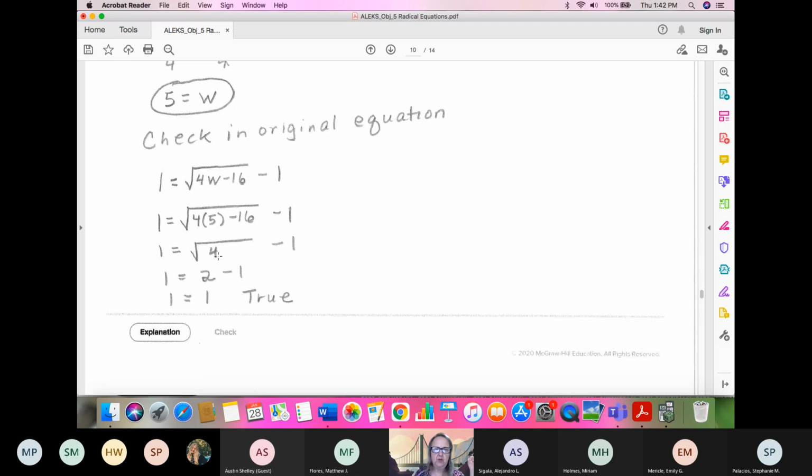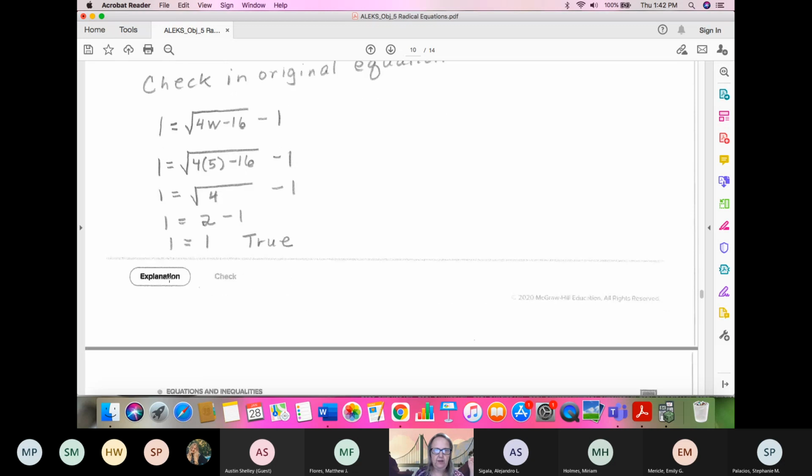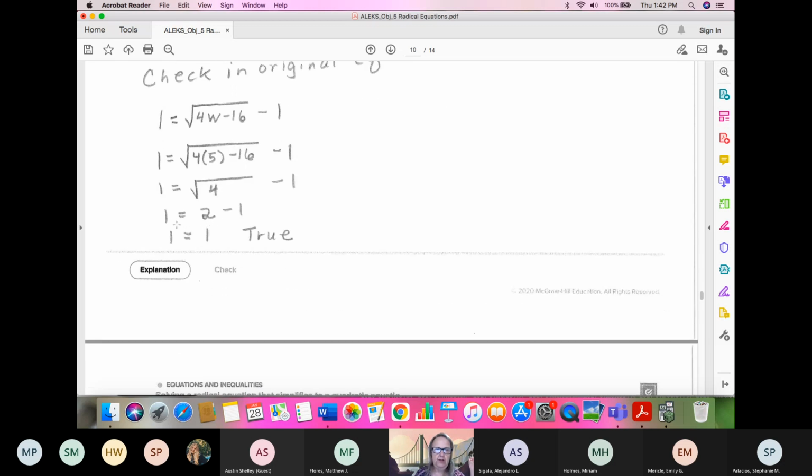So we have square root of 4 here, copy down the -1, and then this one. Square root of 4 is 2, minus this one, and this is the same. So we get 1 on this side equals 2 minus 1, which is 1.